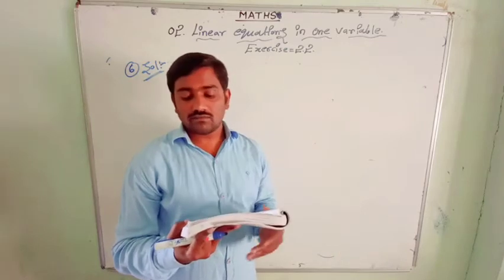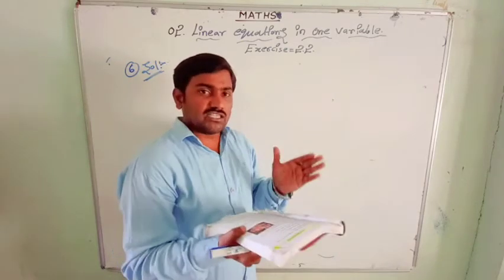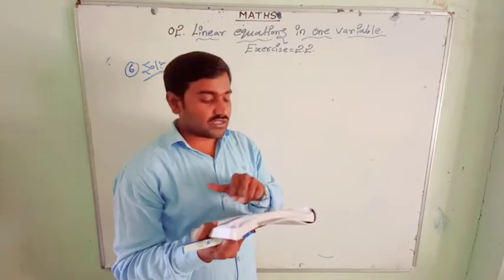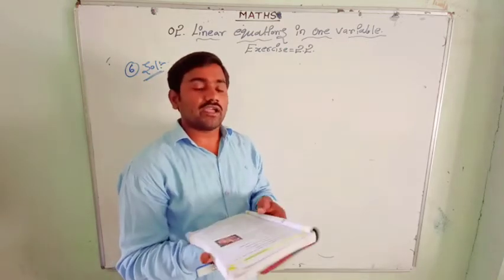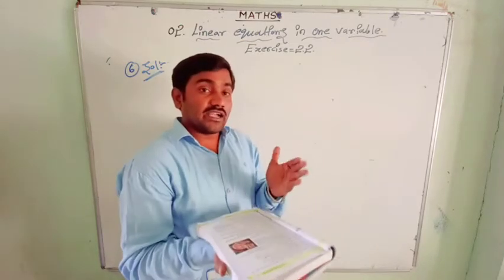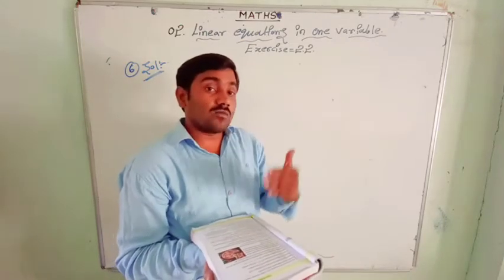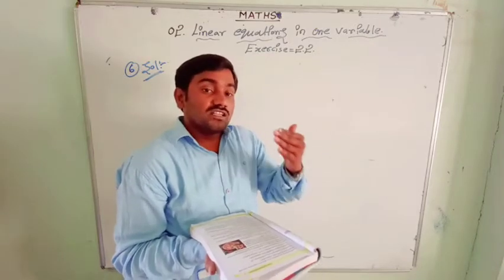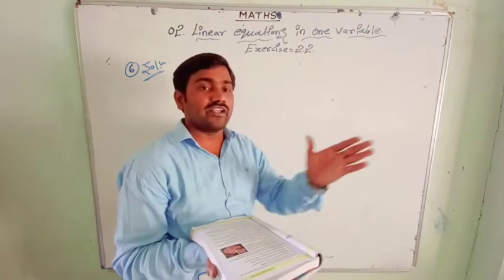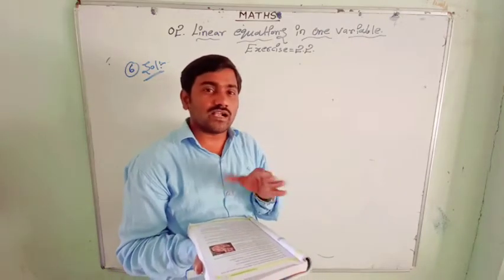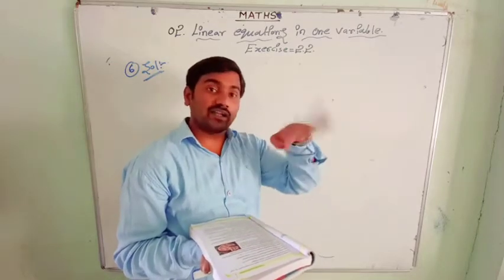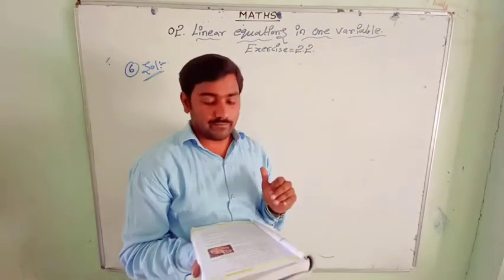Then by bus, twice the distance of the train. Suppose he traveled some distance by train, then he traveled by bus twice that. Suppose we assume that he traveled 20 kilometers by train, then he traveled by bus 40 kilometers, twice the train.